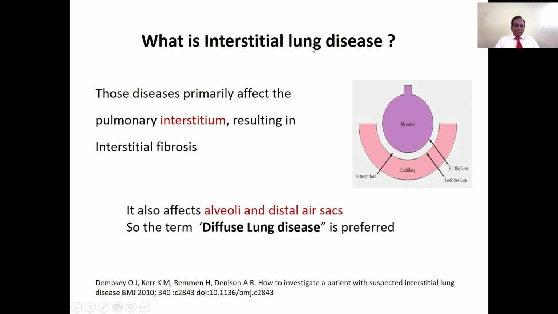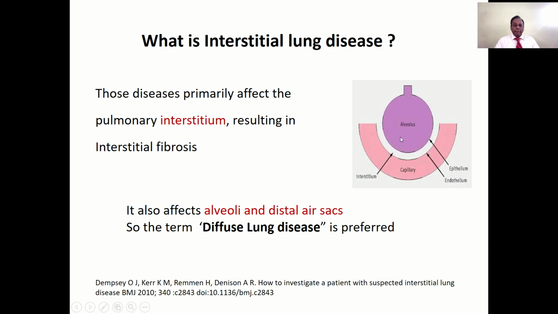What is interstitial lung disease? As the name suggests, these are the diseases that primarily affect the interstitium. What does interstitium mean? The alveoli and capillary, this is the interstitium. Actually, we all thought like that. But these interstitial lung diseases don't confine to the interstitium alone. They also involve alveoli and distal air spaces.